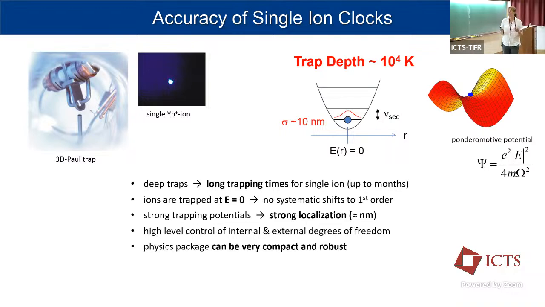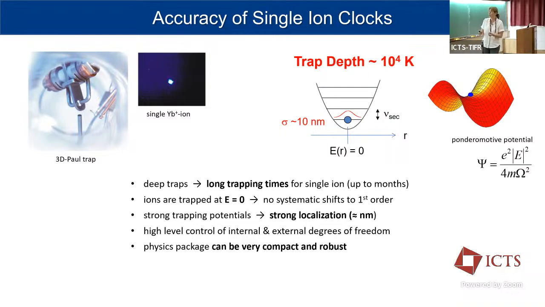You also get the best coherence times. Also for quantum computers, the trapped ions have the world record in coherence time. You can shield this single atom perfectly from the outer world. You can cool it to the quantum mechanical ground state where the wave function is only 10 nanometers. So you know exactly, at these 10 nanometers, what is the magnetic field, the electric stray fields, you can characterize the quantum system extremely well.